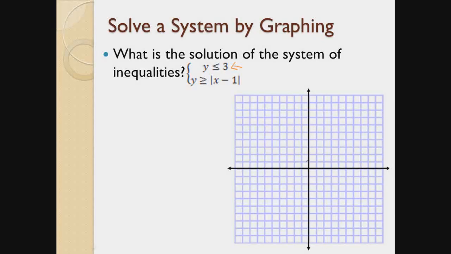So we're going to go up 1, 2, 3. Because it's equal to, we're going to draw a solid line parallel to the x-axis going through where y equals 3. Because it says y is less than or equal to 3, I want things that are going to be less than or underneath 3. That's everything down here.